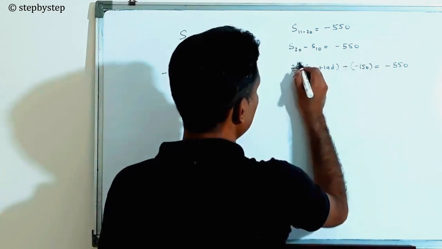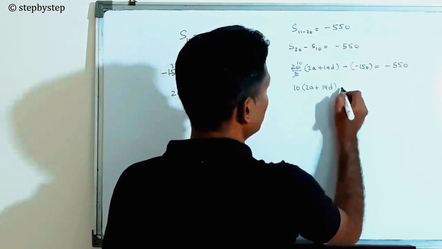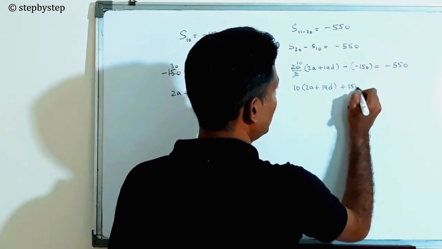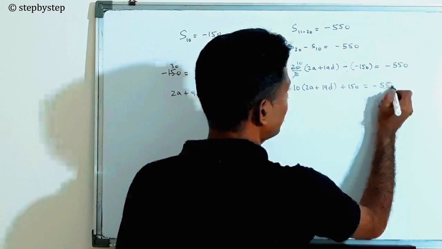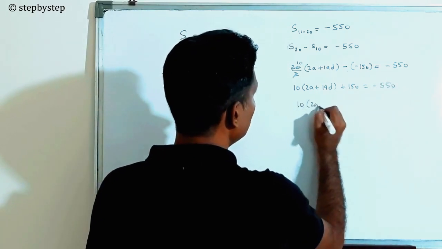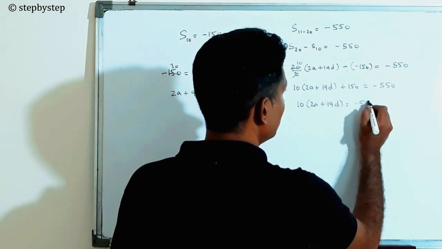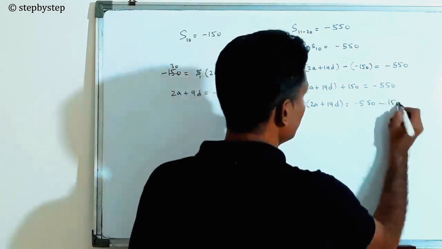So I get 10 into 2a plus 19d plus 150 equal to minus 550. I transpose plus 150 there. So I get 10 into 2a plus 19d equal to minus 550 minus 150.